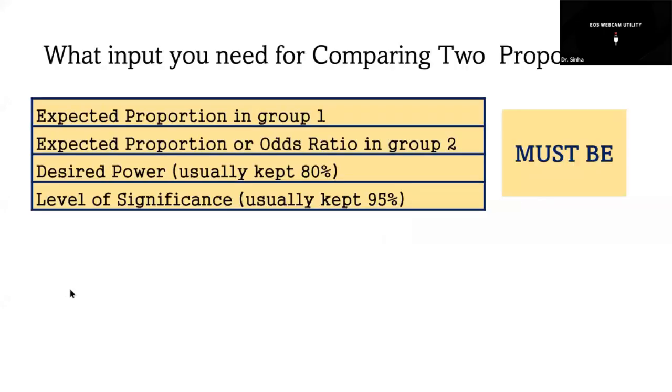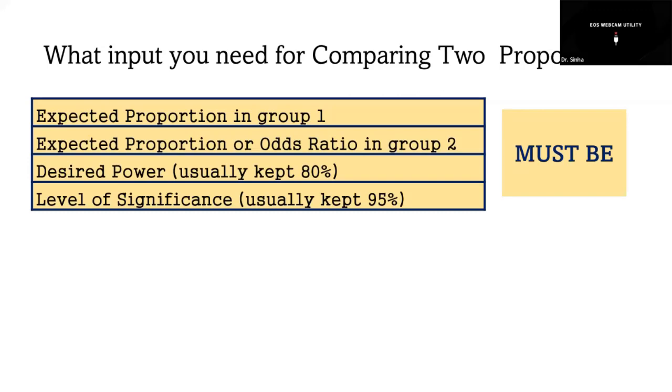In this case also, you should have these 3 figures as a must, because obviously you will compare, as we saw, COVID mortality in males and females. So there were 2 proportions. You should have an expected proportion in group 1, an expected proportion in group 2, or you can have an odds ratio in group 2, because in analytical cross-section study, generally we have an odds ratio.